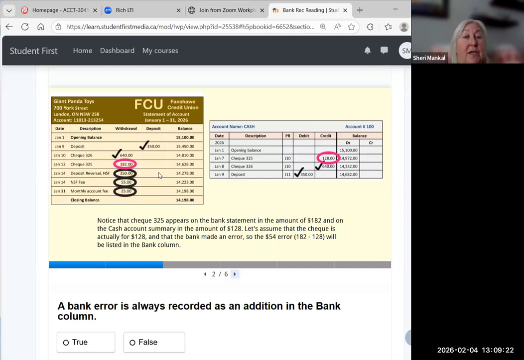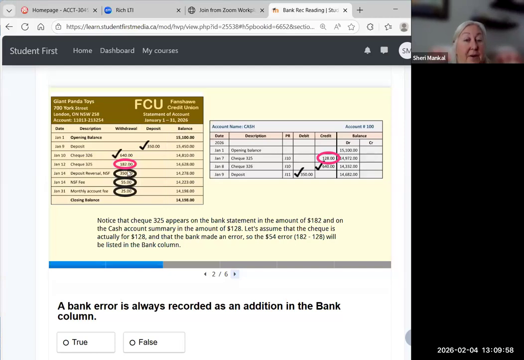And then what I would do is I would have to go back into my records, look for check 325, look at the copy of it, look at the invoice that it was for, and see who made the mistake. Did we do the transposition error? We flipped it? Or did the bank make the mistake when they were entering it? And in this case, it's the bank that made the mistake. So when we looked it all up, we were correct, but the bank made a mistake when they were typing in the amount. So we have to account for that issue.